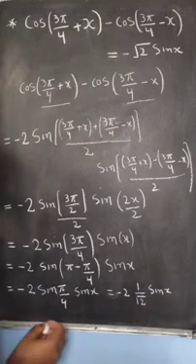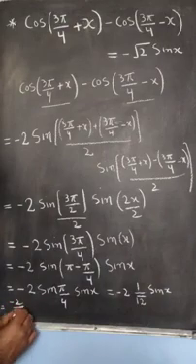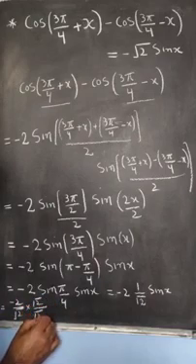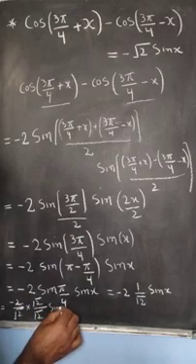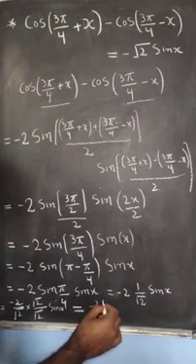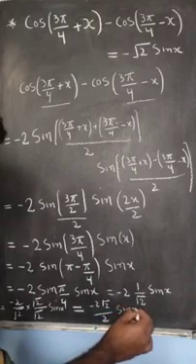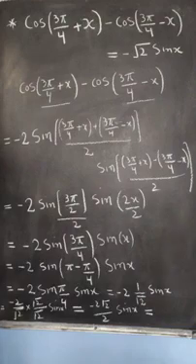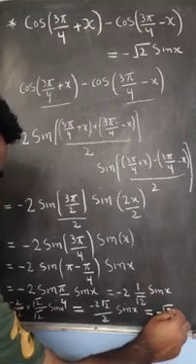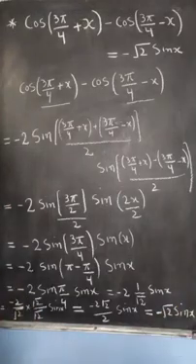sine of x, or we can write it as minus 2 divided by root 2 into root 2 divided by root 2 sine of x, which is equal to minus 2 root 2 divided by 2 sine x, or that is further equal to minus root 2 sine x, which is equal to RHS.